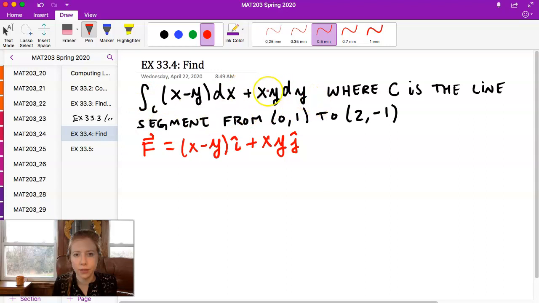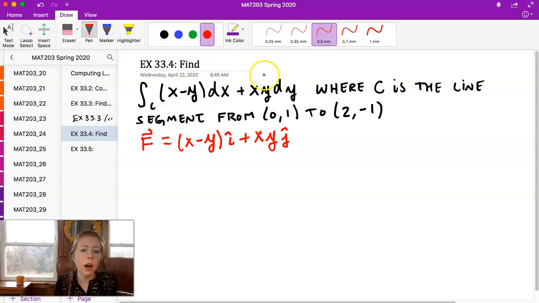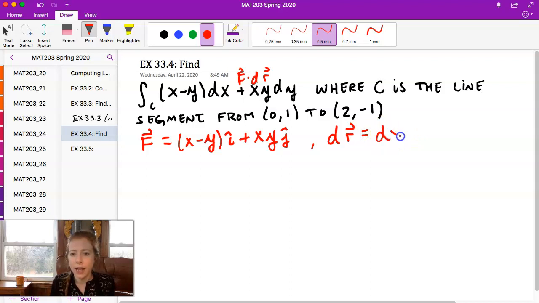Okay, so that's our field component, because remember, we can also take the form of F dot dr, where r and F are both functions of space rather than time. So that's what we're looking at here. And so then we know that dr, because inside this integral here is F dot dr, is what's given to us. So dr as a function of space is going to be dx i hat plus dy j hat.